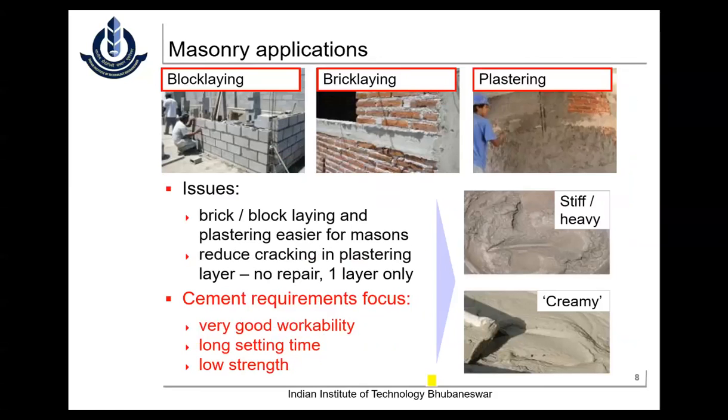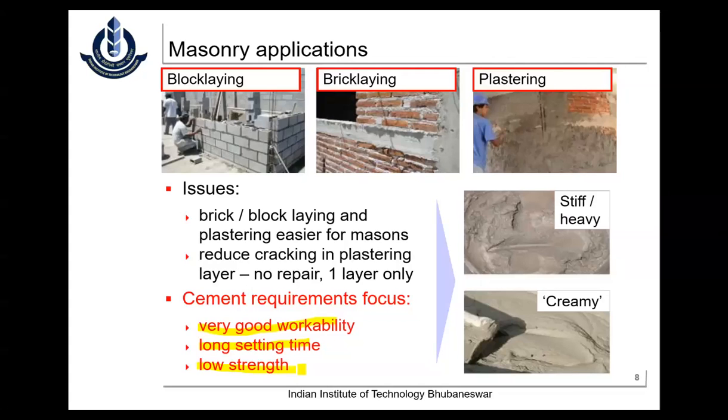He has different requirements. He says, sir, I need good workability and a very long setting time, and strength is not a criterion for me. So you need a product for that. Every product is application oriented.